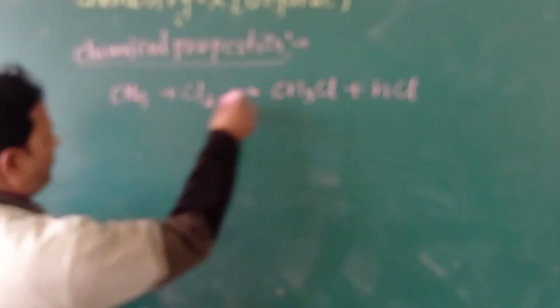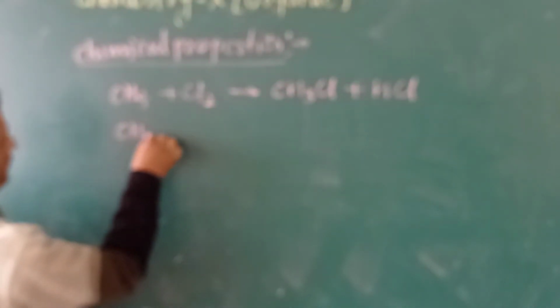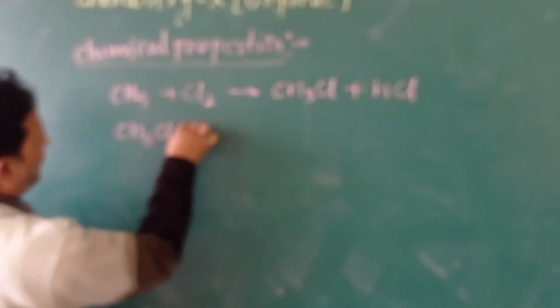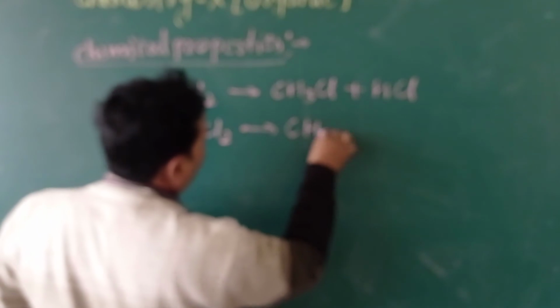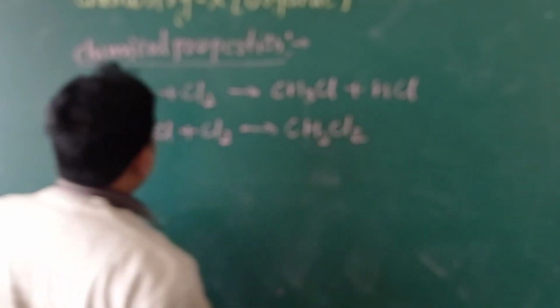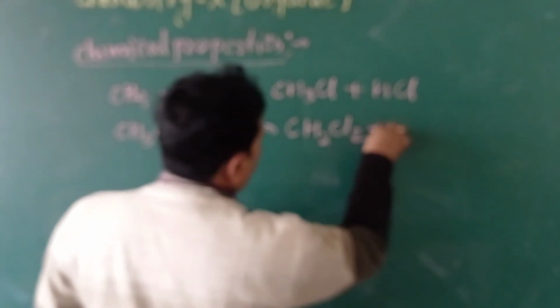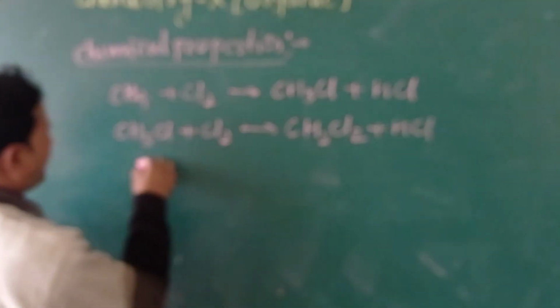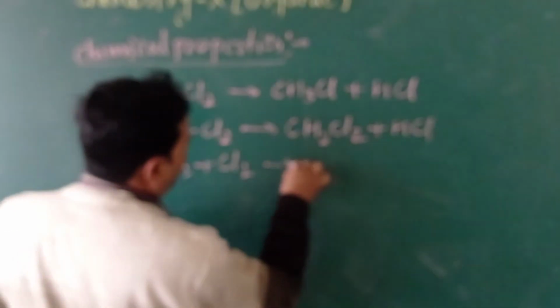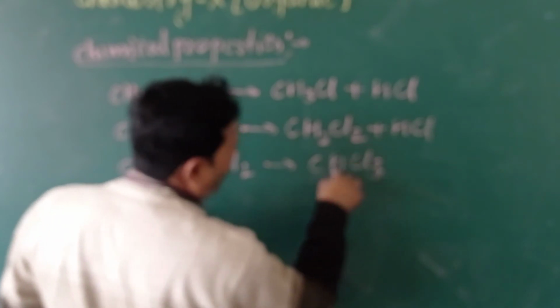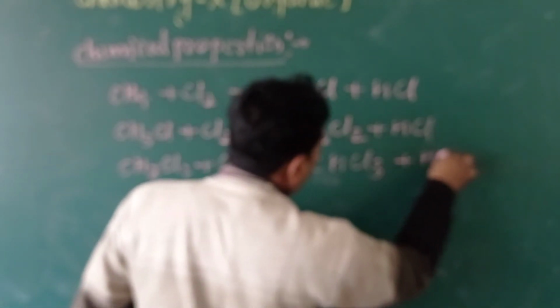Now methyl chloride again reacts with chlorine, it forms dichloromethane, CH2Cl2, and HCl. When CH2Cl2 reacts again with chlorine, it forms CHCl3, chloroform, and HCl.